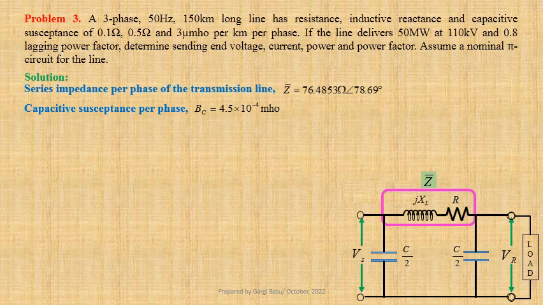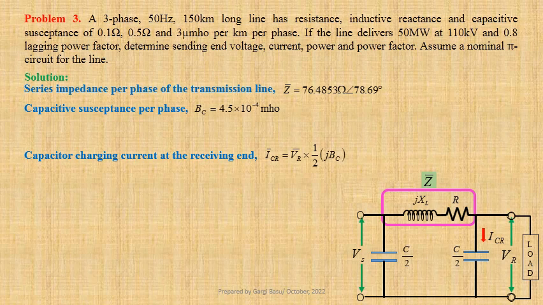Let us now calculate capacitor charging current at the receiving end. ICR equals VR into half of J times BC. Taking receiving end voltage per phase as reference, we can write VR equals 63,508.53 volt at an angle 0 degree.